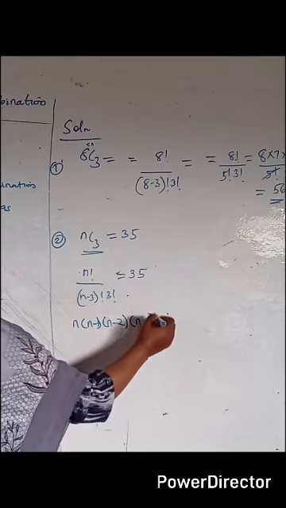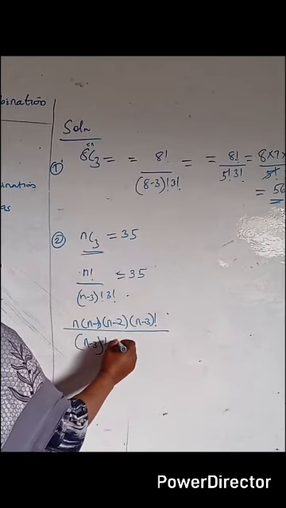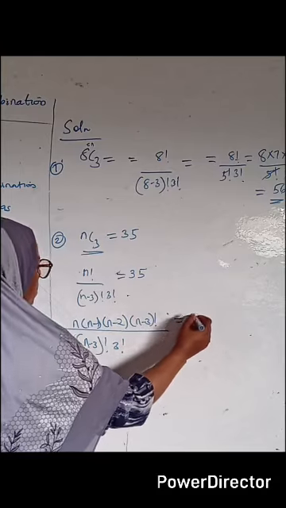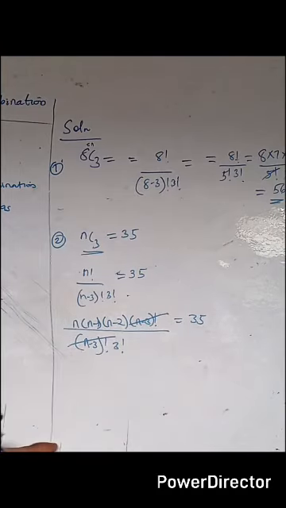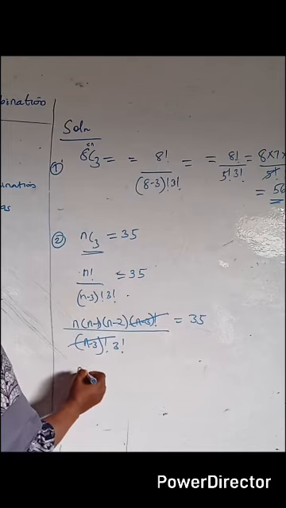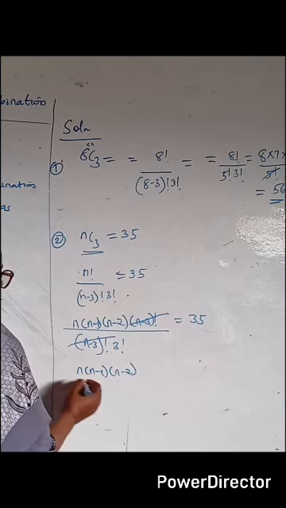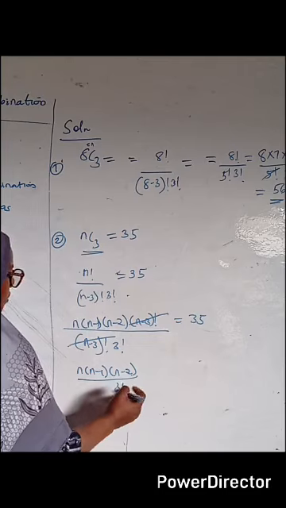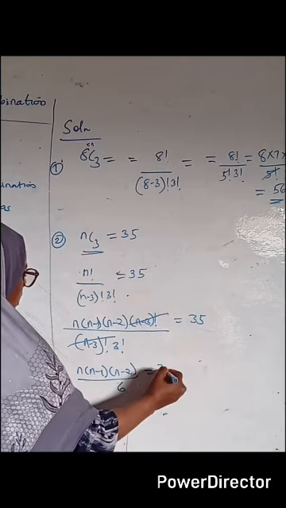So n minus 3 factorial will cancel n minus 3 factorial. I'll be left with n times n minus 1, n minus 2 over 3 factorial. Remember that 3 factorial is the same thing as 6, and that equals 35.